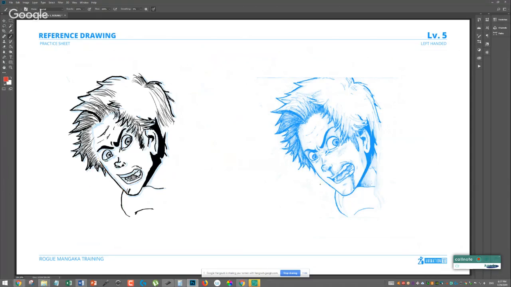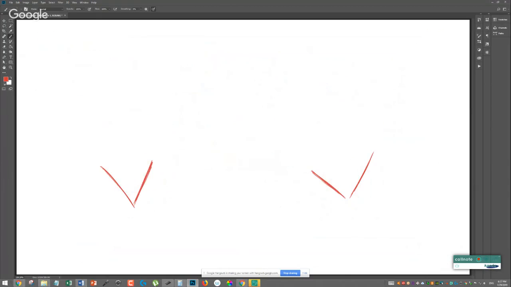And also, look at how open. I'm gonna delete everything just to do another comparison between both drawings. Look at how this angle is a little bit closed. I'm gonna hide yours. This one is a little bit closed, and this other angle is a little bit wider, just a little bit.